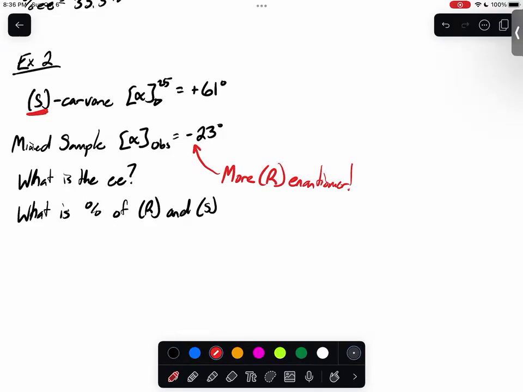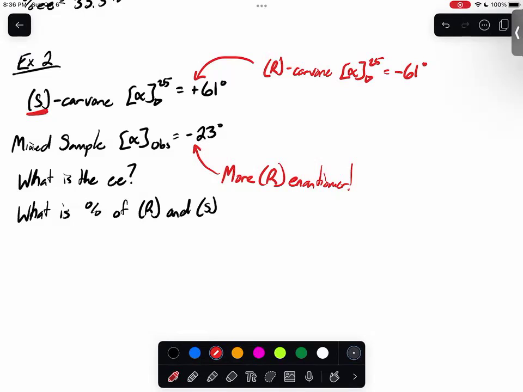The other thing that we have to keep in mind is given S carvone having a plus 61 degree rotation, that tells us that R carvone has a specific rotation of negative 61 degrees. Okay? Because remember, it's always equal and opposite of the specific rotation of the other one.